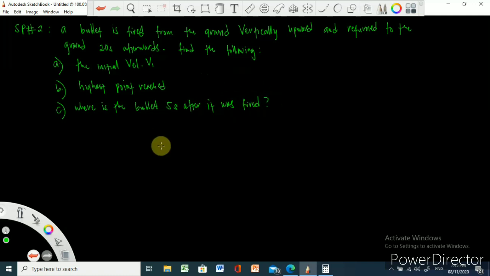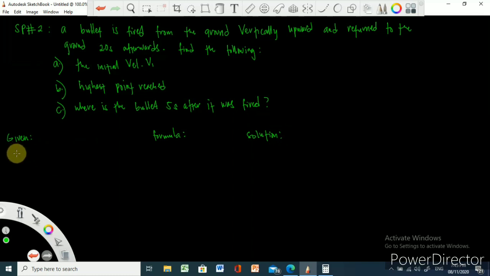Ayan. So, syempre, given, formula, and solution. Okay? So, the initial velocity v1. What are the given pala? So, the given are the following. So, syempre, you have time.